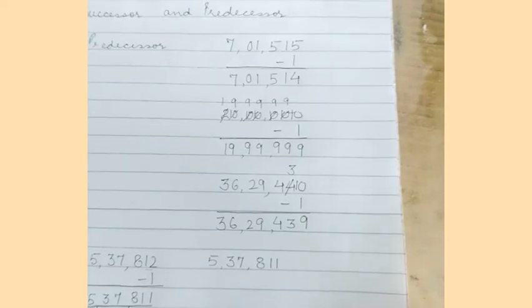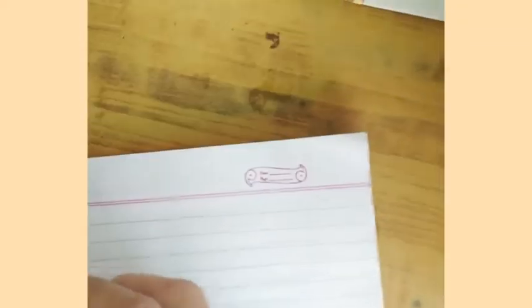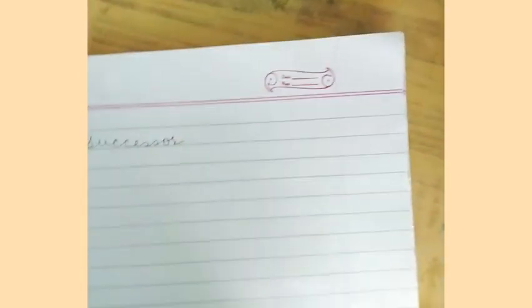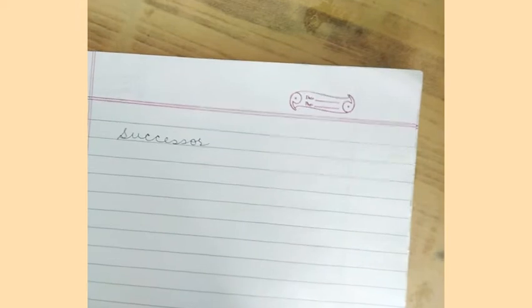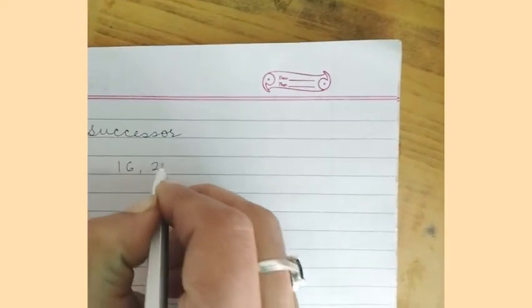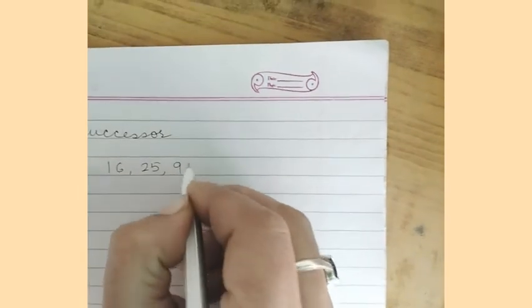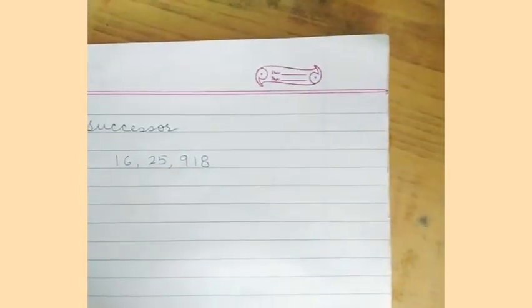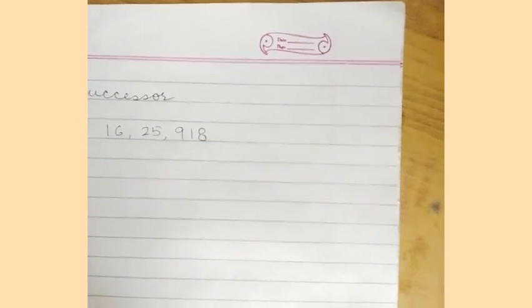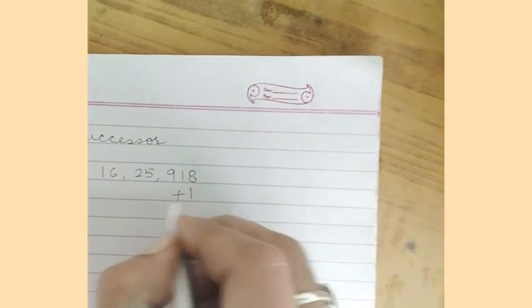Now let's do a few questions for successor. Children, if I ask you what is the successor of 16,25,918, what will you do? For finding the successor, you have to add 1.